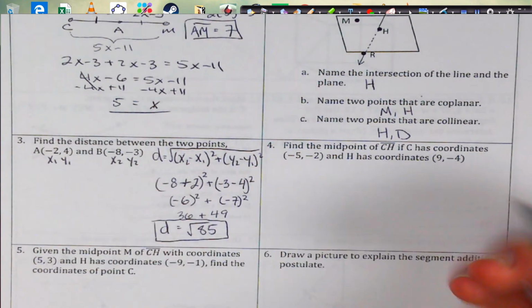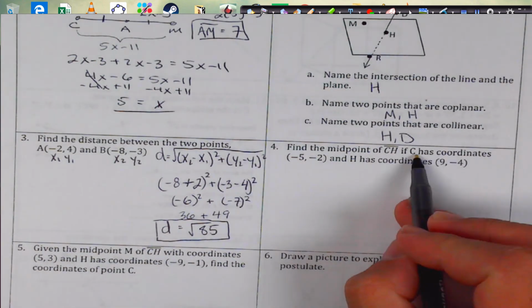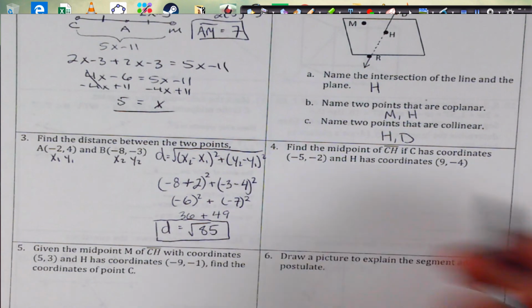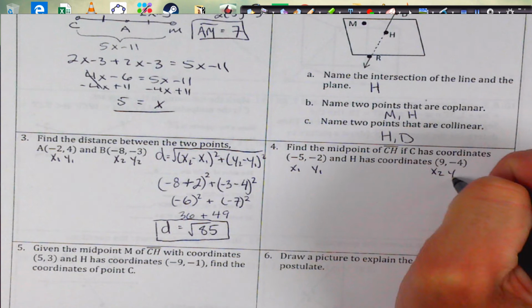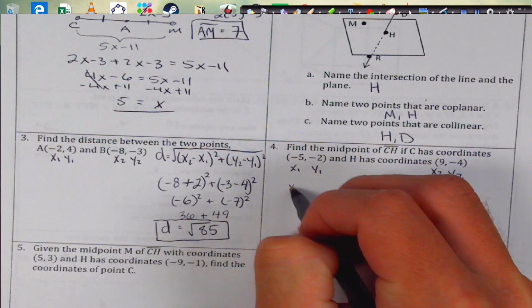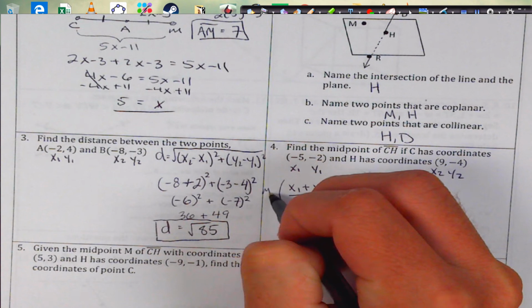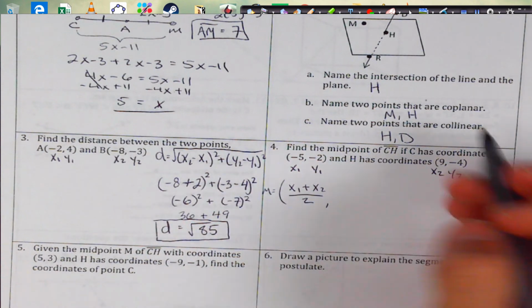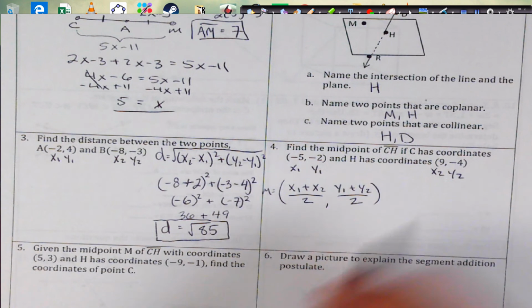Find the midpoint. We have C and H, so we're dealing with the two endpoints, so we can just use the formula. We get x1 plus x2 divided by 2, and that will give us the x value, and then y1 plus y2 divided by 2, and that gives us the other value.